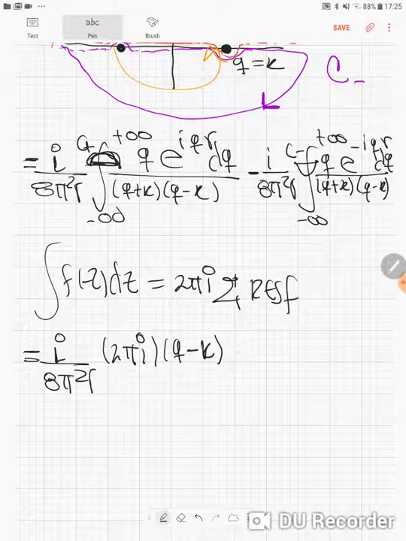So q minus k, which is the pole, everything evaluated at one pole.